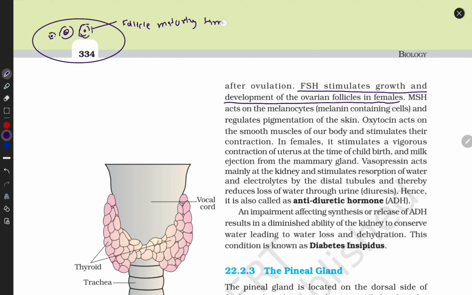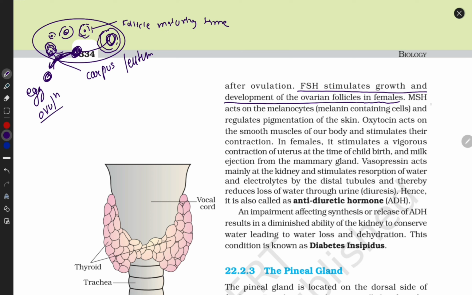After the follicles mature and the egg matures, they release their egg, and the remaining part of the follicle we call the corpus luteum, and this is our egg. This process is called ovulation. When the ovary releases its egg, we call it ovulation.